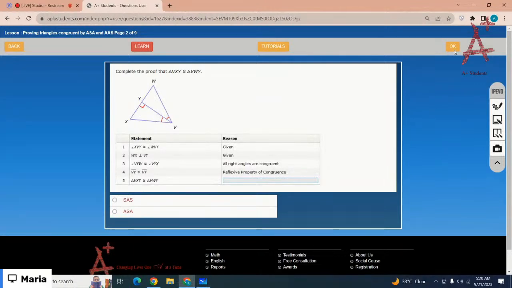Okay, complete the proof that triangle VXY and triangle VWY are congruent, right? Okay, so you're given angle XVY and angle WVY, this angle. They both are congruent, right? Because WX is perpendicular to VY.